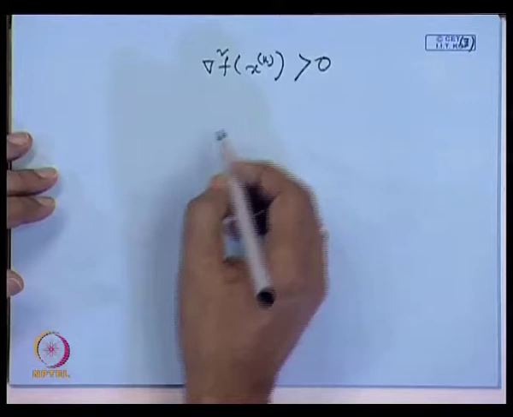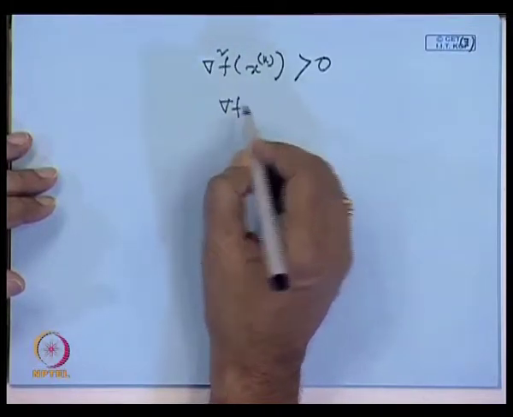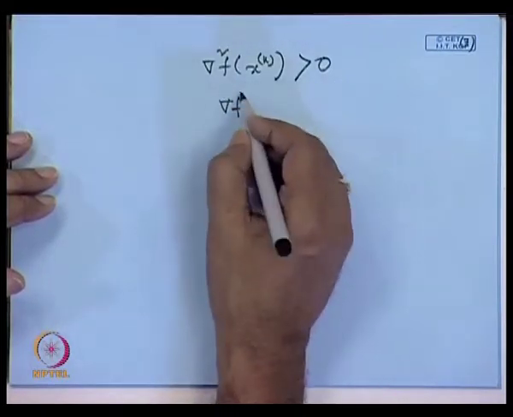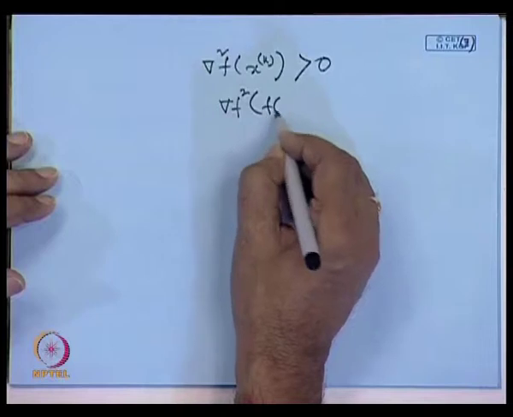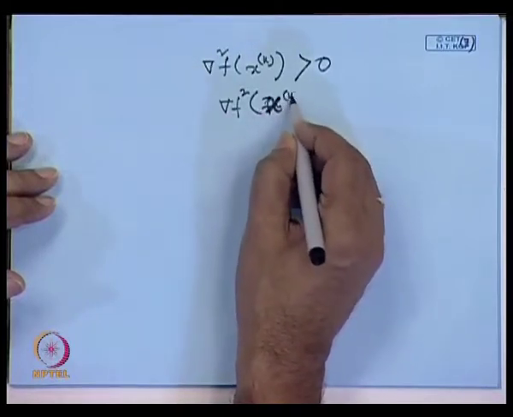Another disadvantage of Newton's method is that at each iteration we have to take the inverse of the Hessian matrix, the Hessian of f at x superscript k.